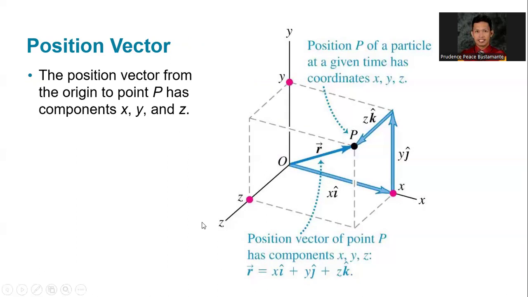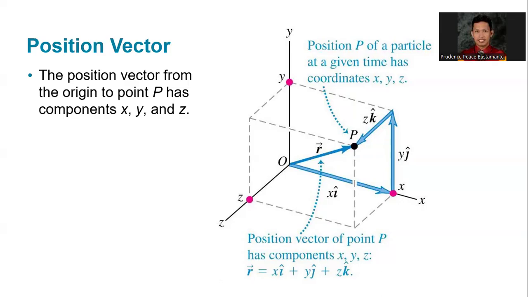However, here in chapter 3, we are now dealing with motion in three dimensions. So we are now describing the position of a particle in terms of a vector position.